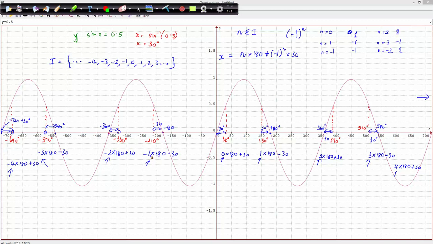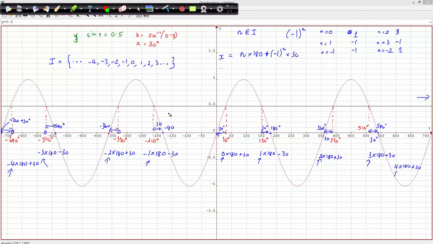Let's go down to say -1, this solution here. So -1 times 180, that's that. -1 to the power of -1, that's -1. So -1 times 30 is -30. Yeah, so it looks like we have this pattern here. And that is basically going to hold for any sine function.